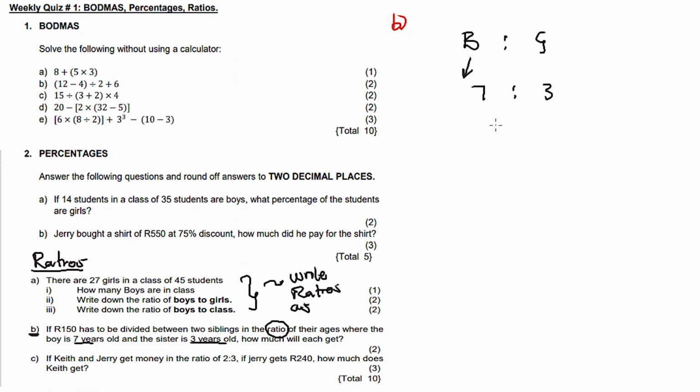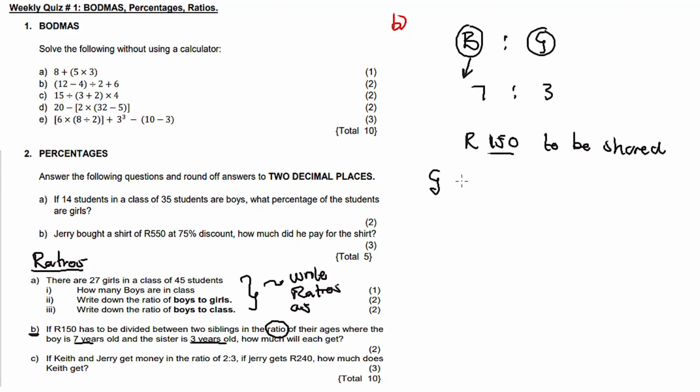Now we have 150 rand to be shared among the two siblings, right?